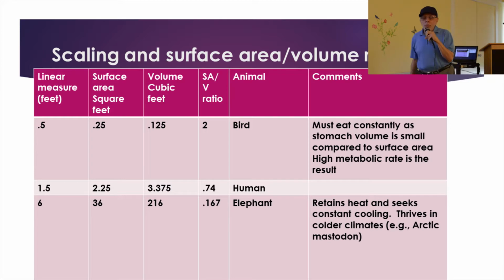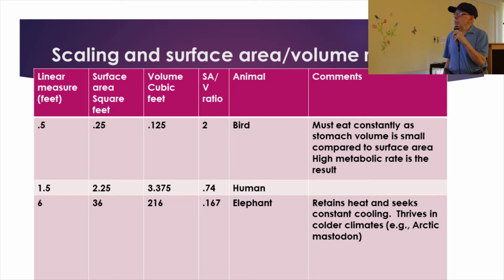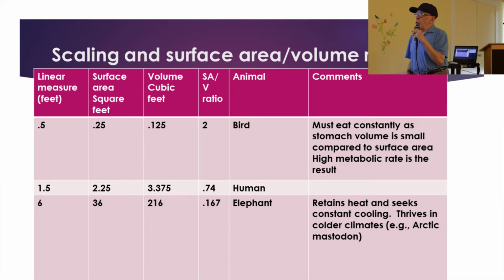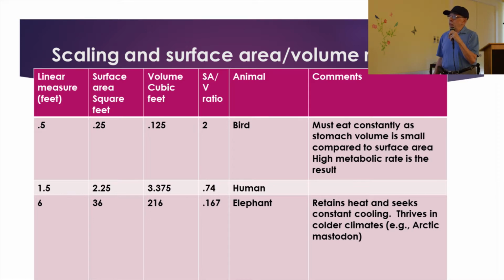So we look at animals, okay? A bird, for example, has a linear measure of about 1/2 foot, let's say, 6 inches, and a surface area proportional to that of 0.25. 0.5 times 0.5 is 0.25. The volume in cubic feet is proportional to the linear measurement cubed.